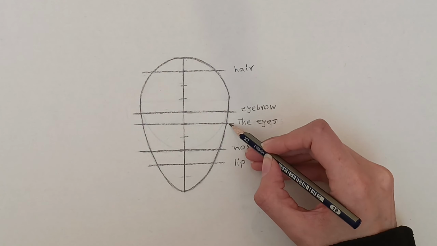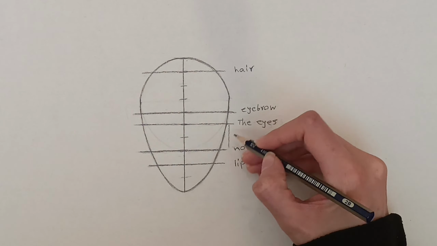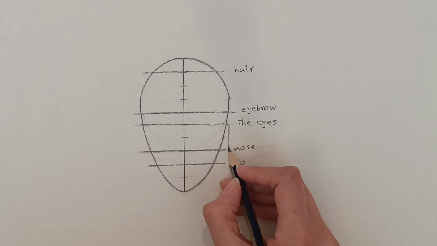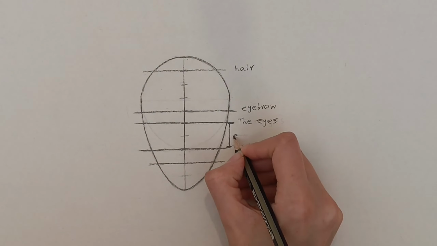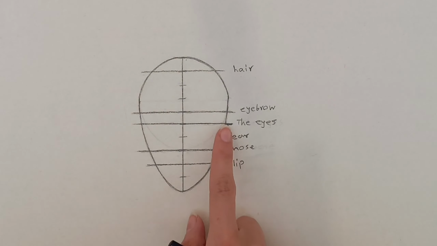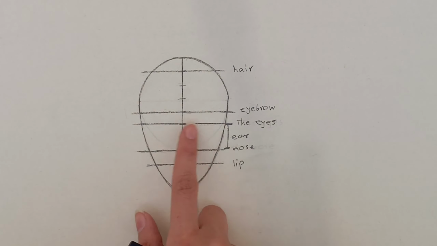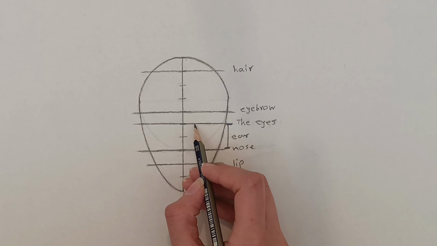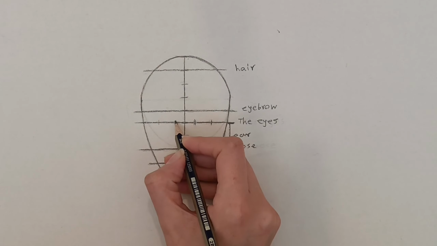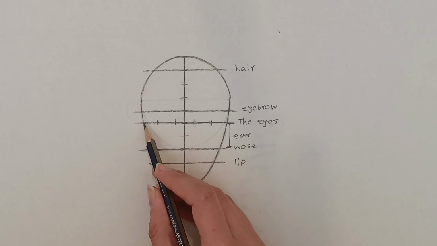Between eyes and nose, the ear is placed. Here we divide this line into 5 equal parts. One, two, three, four, 5.